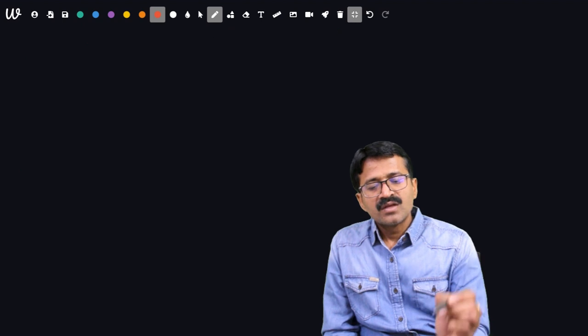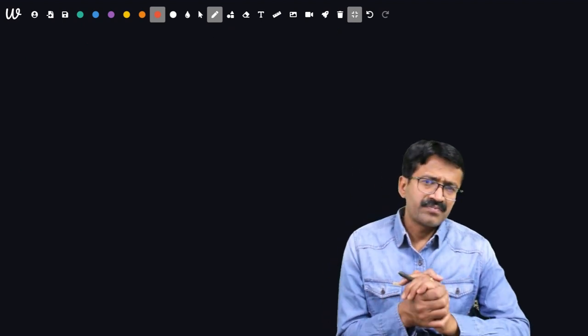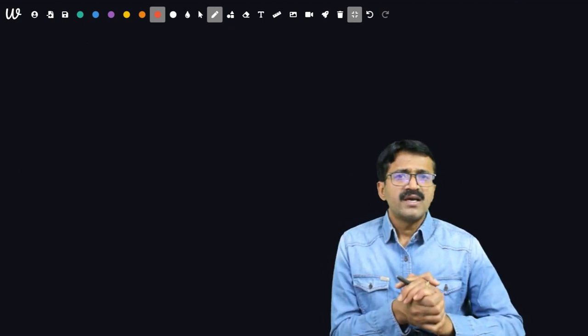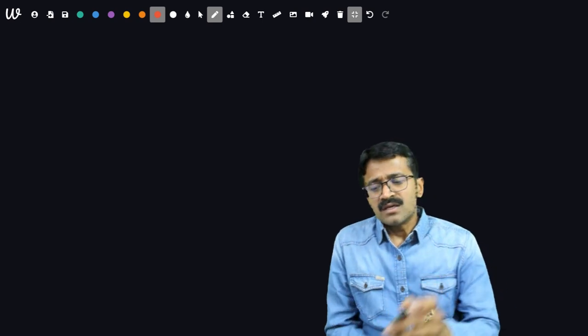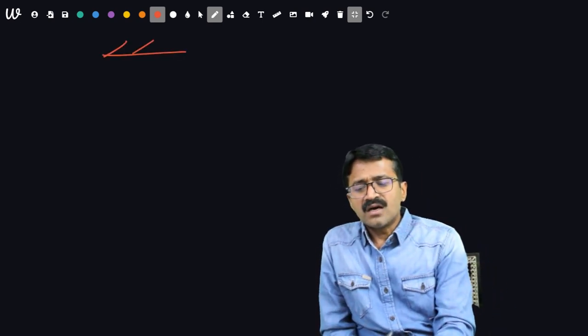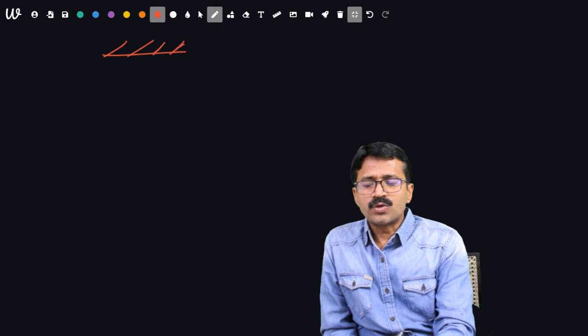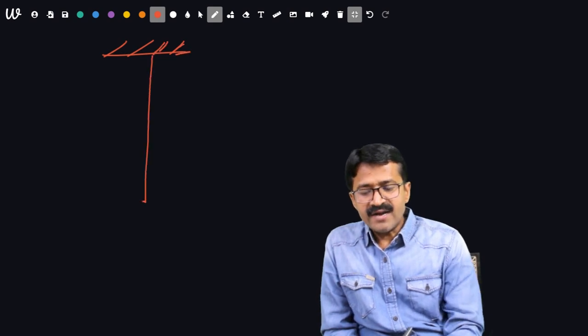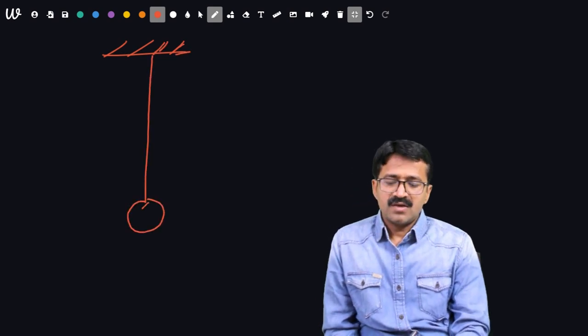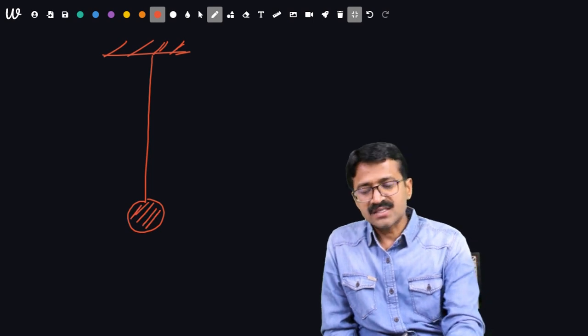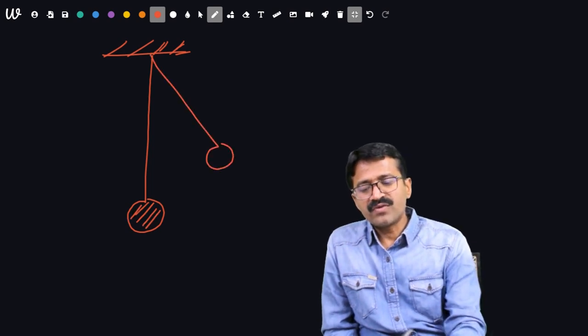Now, what about the pendulum? This question is very important. In the case of a pendulum, a rigid support is there and a bob of certain mass is suspended and allowed to move on an arc.